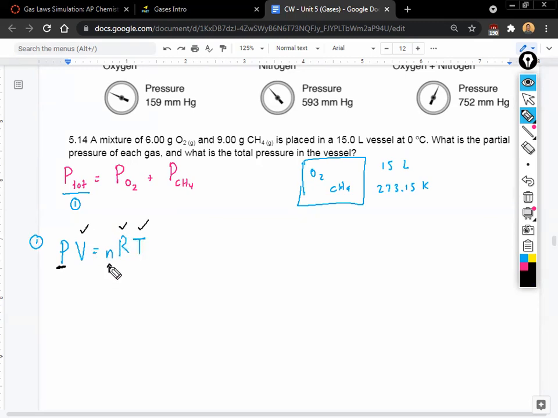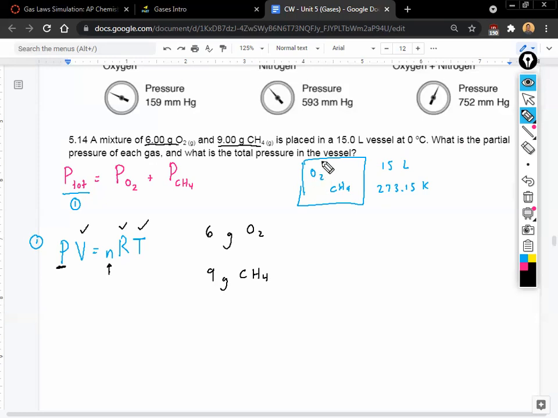So if we look at this, it means that we need to figure out what moles are, right? We need to find n in order to figure out what the pressure is. Okay, luckily for us, in the problem, it tells you how much of each gas you have. It tells us that inside the container, we put in 6 grams of oxygen gas and 9 grams of methane.